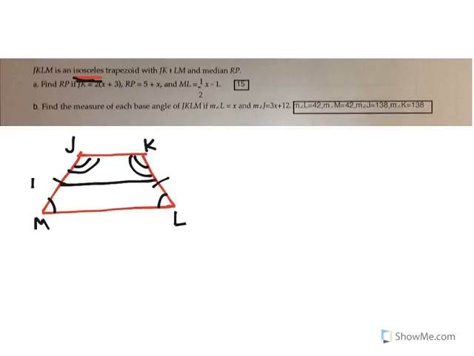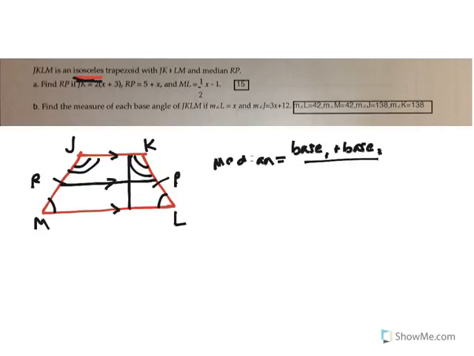So a median in a trapezoid is the line that is parallel to both bases and it cuts the height in half. Okay? It's located right in the middle of the trapezoid. It's called the median. So the formula for the median of a trapezoid is base 1 plus base 2 all over 2.